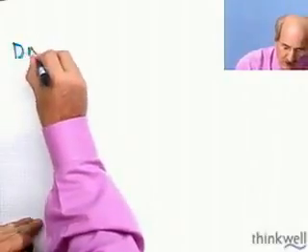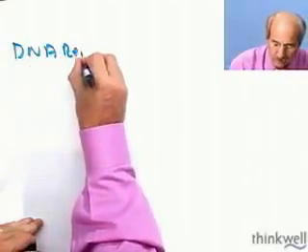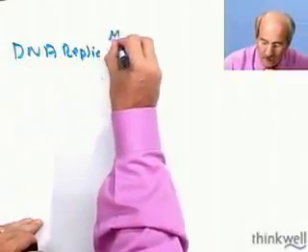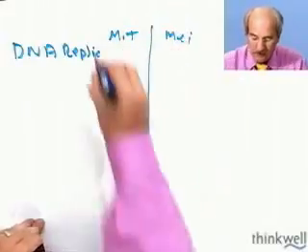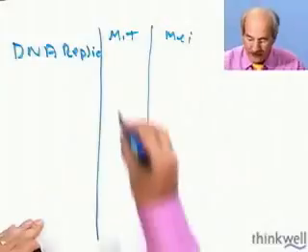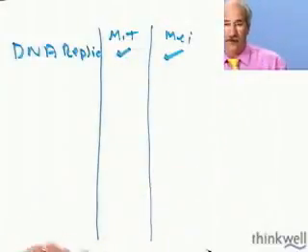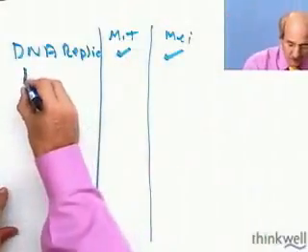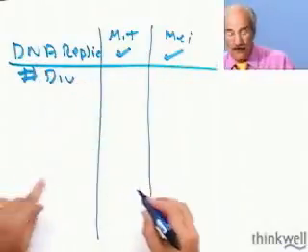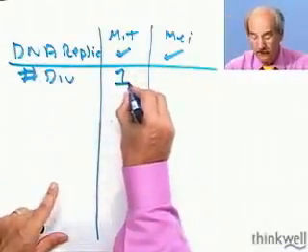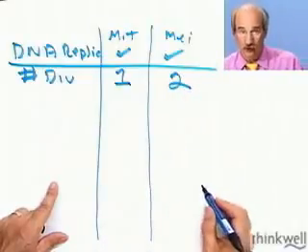All right, let's go to DNA replication. We'll do mitosis, meiosis. DNA replication, yep, to both. Number of divisions. In mitosis, 1. In meiosis, 2.